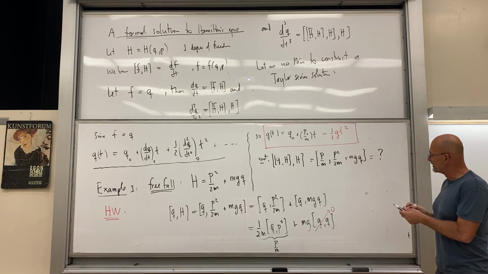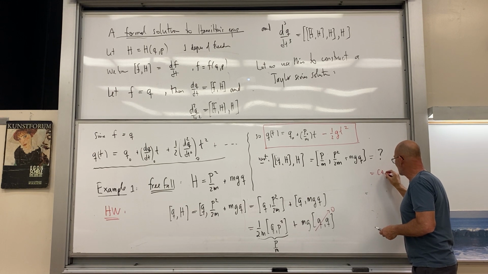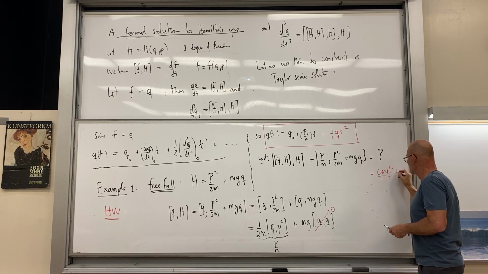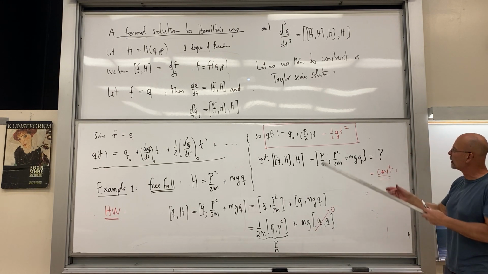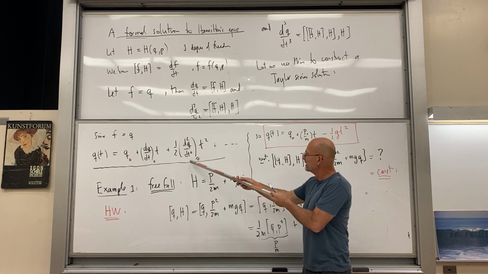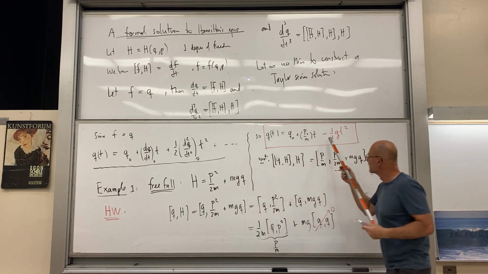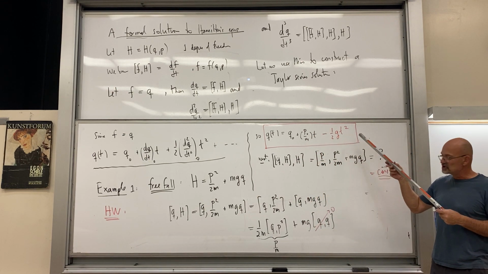What that means is this second one is going to equal some constant. Because this is the g over 2 t squared. This is the 1/2 second derivative of t squared. Okay. So you're going to get negative g out of this thing.